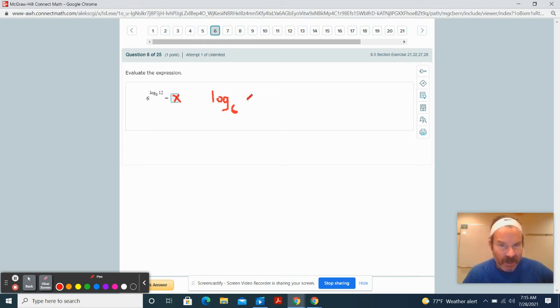Okay, and then the x goes here. And we'll check this by doing the log loop. And the exponent goes on the right-hand side. So the log loop, 6 raised to this power is equal to x. And that's exactly what this exponential says.